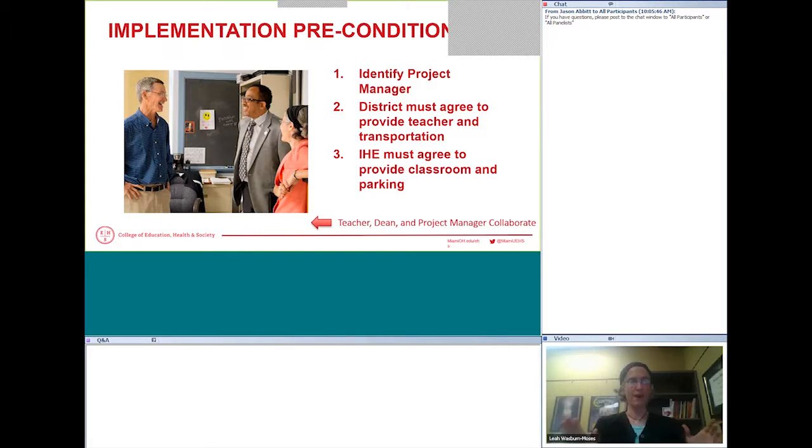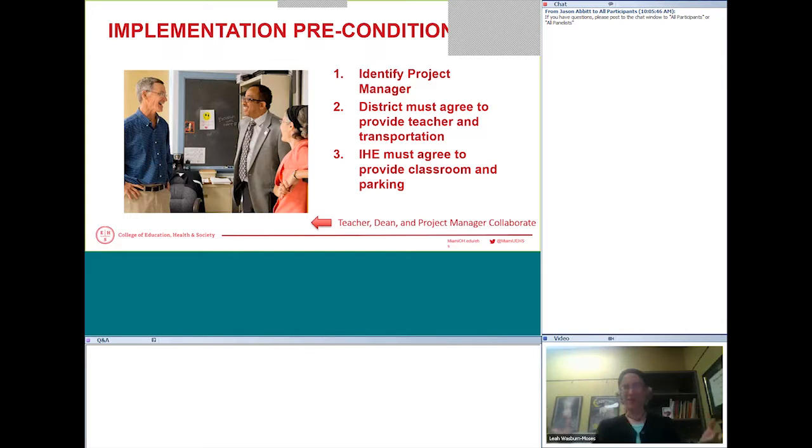Most of you have probably had a lot of experience with other partnerships. And another biggie, final biggie, is that the higher education must agree to provide classroom and parking. And I don't have to tell you about parking, right?